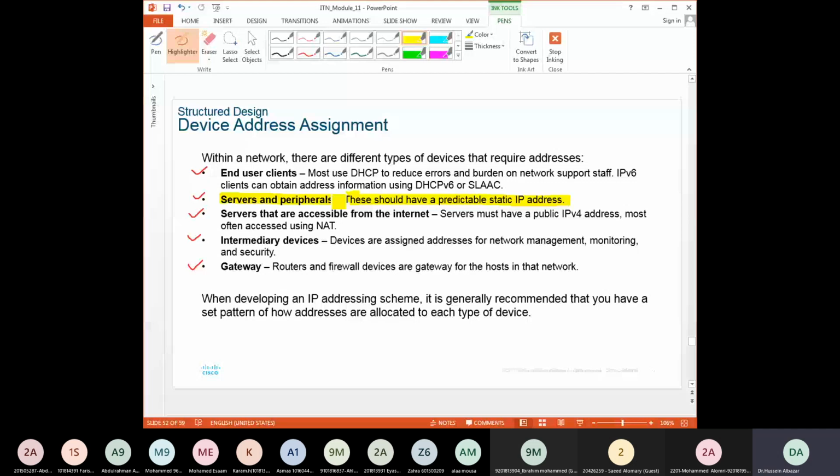Usually the first usable IP address will be the gateway address. When developing an IP address scheme, it's generally recommended that you have a pattern for how addresses are allocated to each type of device. So we have different devices with different IP address types.